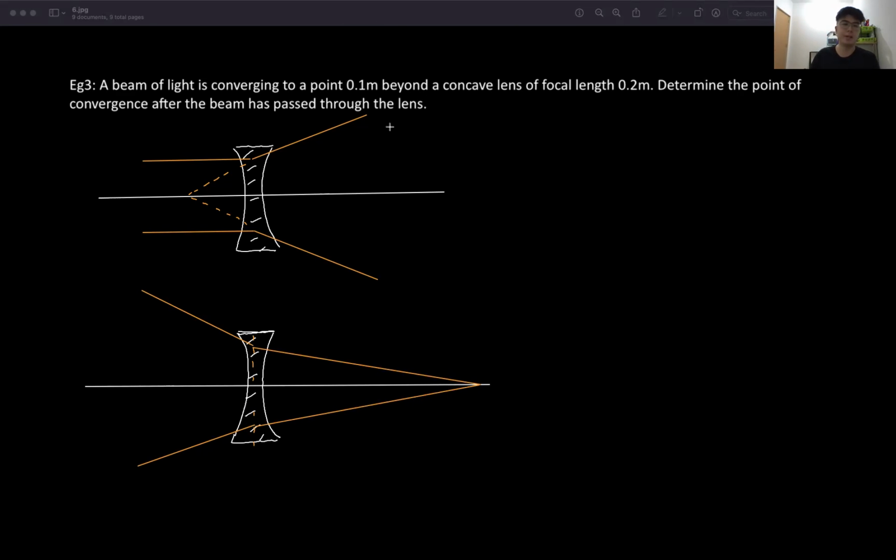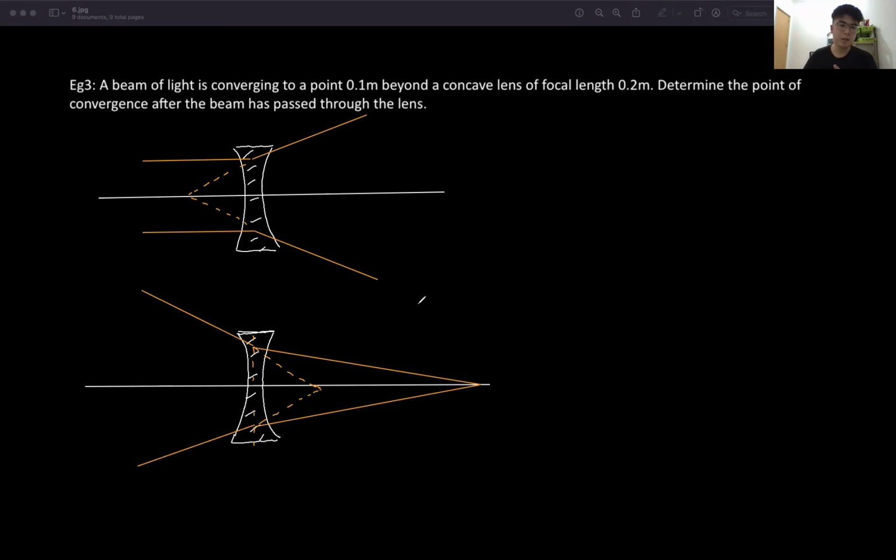The light rays diverge, but still they meet at a certain point downstream over here. This is also diverging, right? Because the original path is towards this point. Without the lens, they would meet here, but because the lens is there, it diverges, but still they meet at some point downstream.